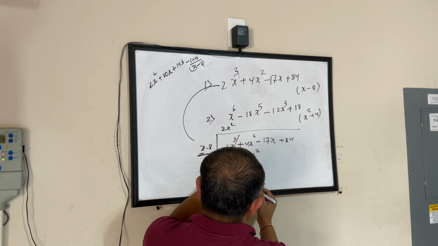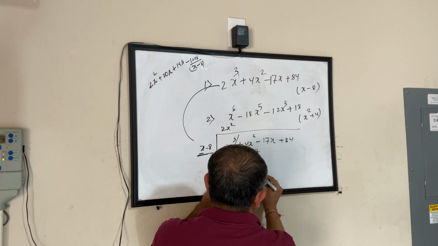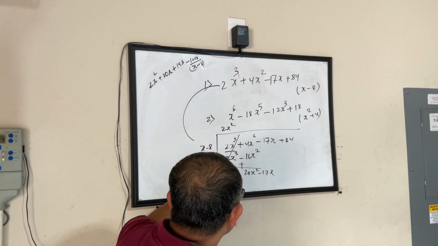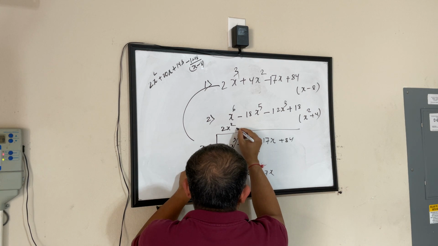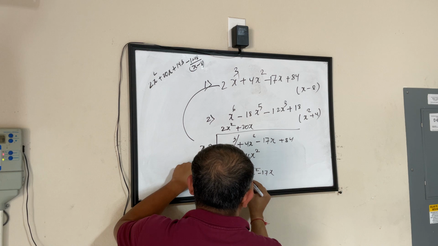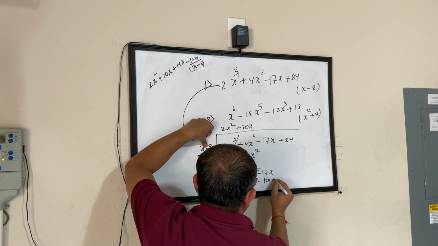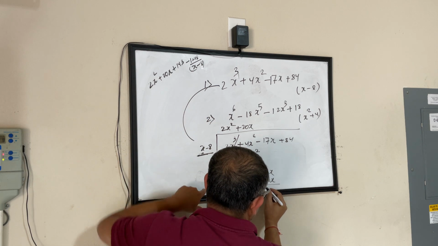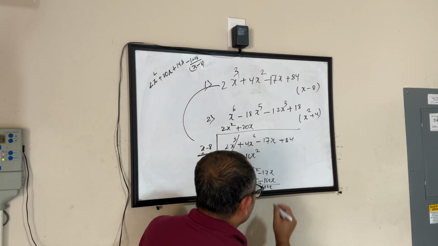This becomes 4x squared plus 16x squared, 20x squared. Then you bring one down, which is 17x. To knock out this, you multiply by 20x, which gives 20x squared minus 160x. These two are gone, and you are left with 143x. And then you bring 84 down.